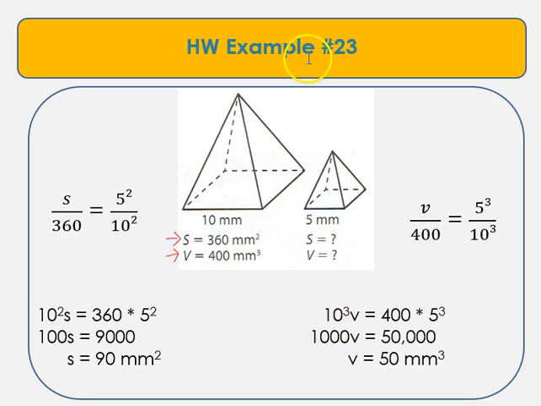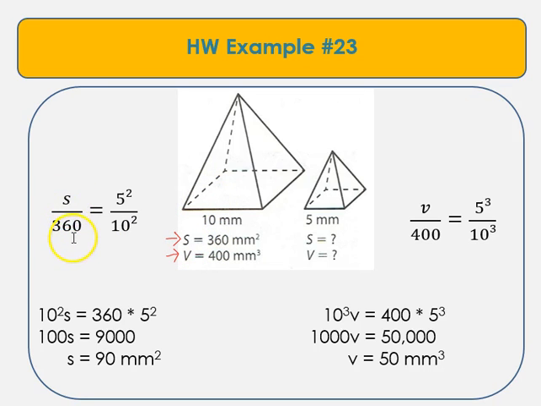For an example, homework example 23 has us solve for surface area and for volume. The essentials are already given. Surface area equals 360 millimeters squared. It will be the surface area of the smaller pyramid compared to the surface area that's given of the larger one.